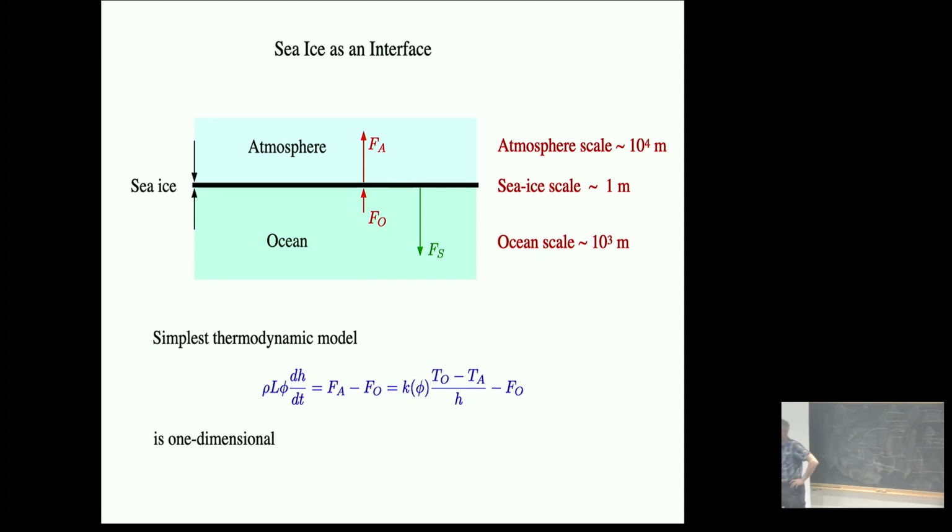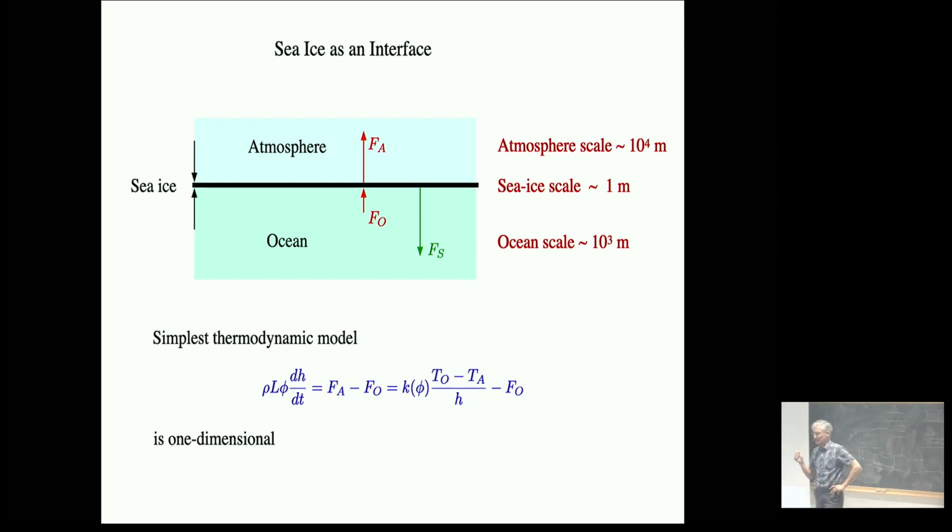It's a mixture of solid ice crystals and interstitial brine. And that solid fraction, phi, affects the thermal properties. In typical climate models, that's used as a parameter, and it causes one or two problems.